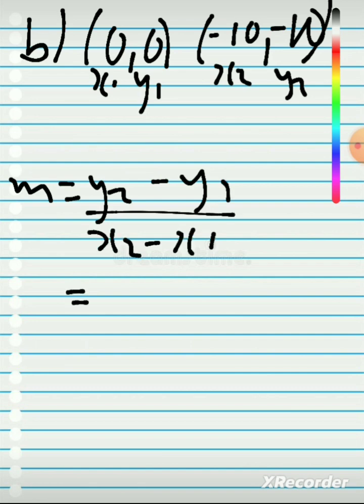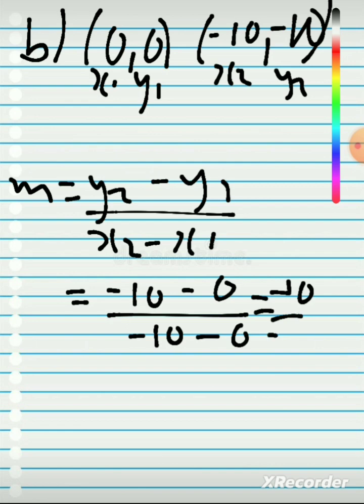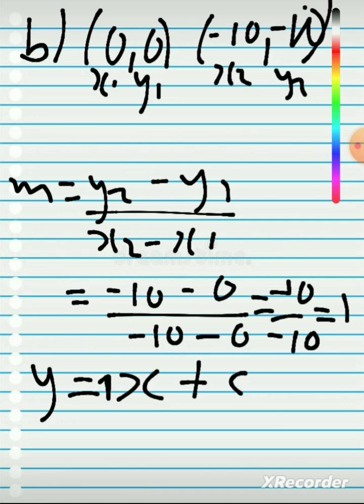So y2 is negative 10 minus 0 over x2 is negative 10 minus 0. So this gives us negative 10 over negative 10, which is 1. So our m is 1, which means we have y is equal to x plus c. The 1 we put here, but it's invisible, so there's no need to write it.